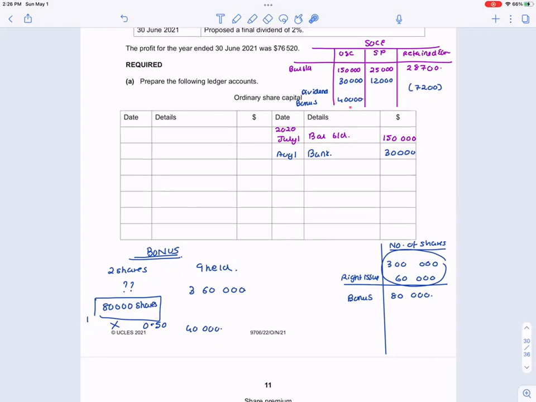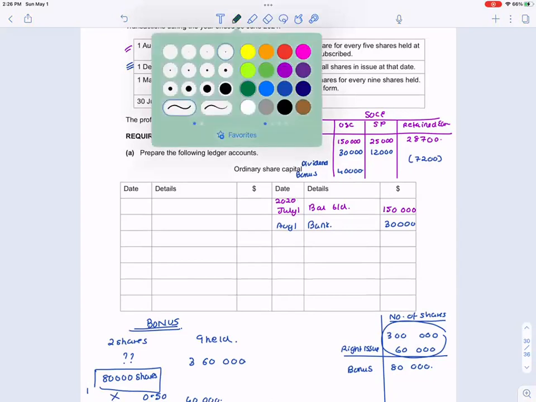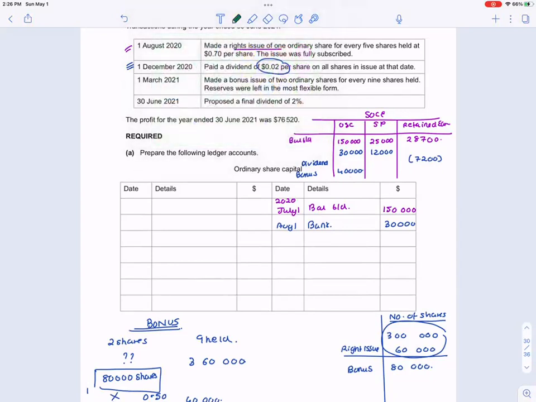Now you are going to give bonus and reserves are maintained in the most flexible form. That means this 40,000 bonus has to be given from reserves. You are not going to receive any money. You're going to use the share premium and retained earnings to give this bonus. Reserves maintained in the most flexible form, that means use the capital reserves first.